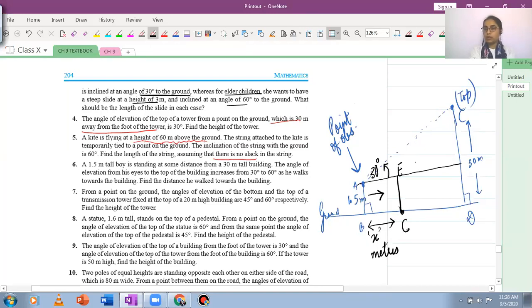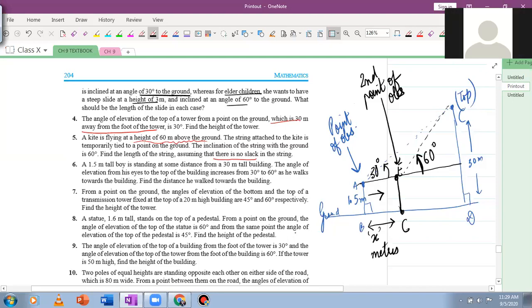And when he looks at the top of the tower, after covering this distance, from point E, this will be second point of observation. From here, if he observes the top of the tower, the angle now is 60 degrees. You have to tell how much distance did he walk towards the building. Is the question clear? Yes, ma'am.